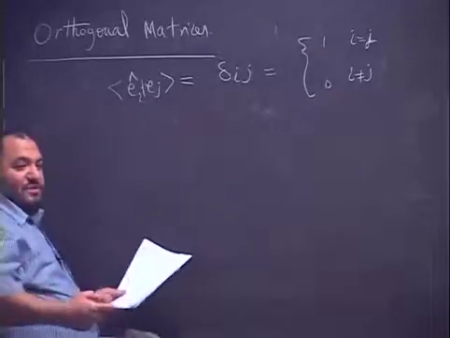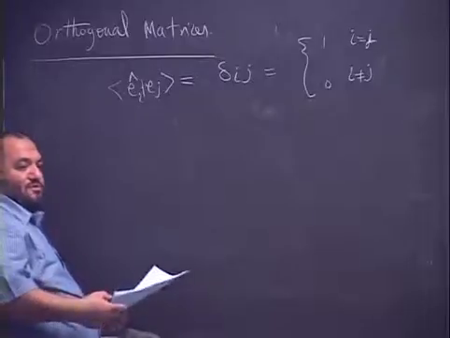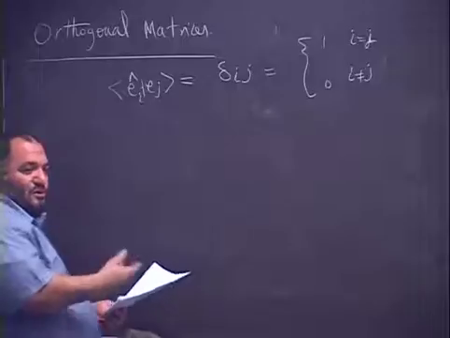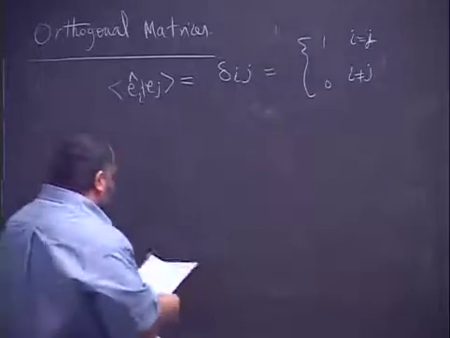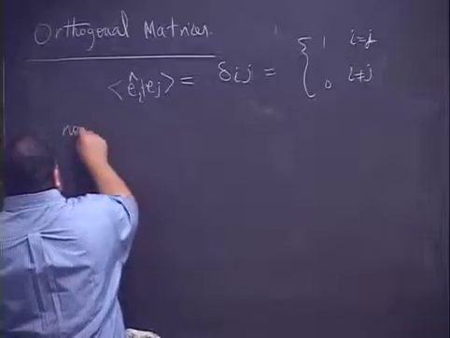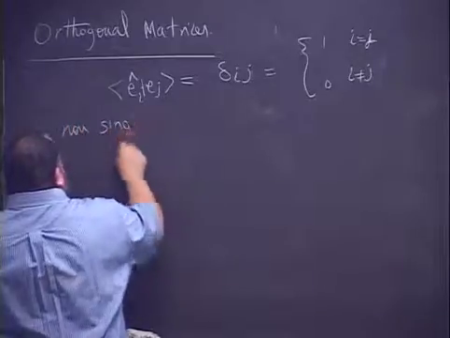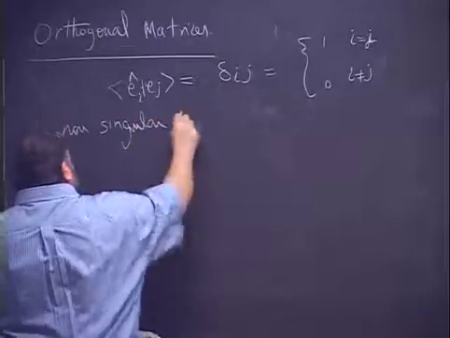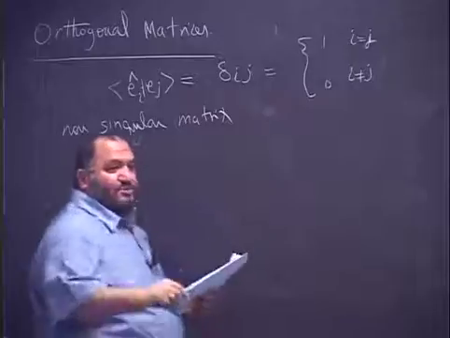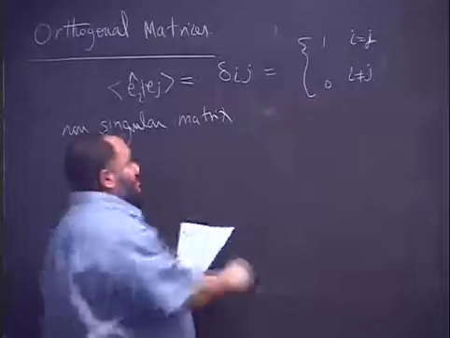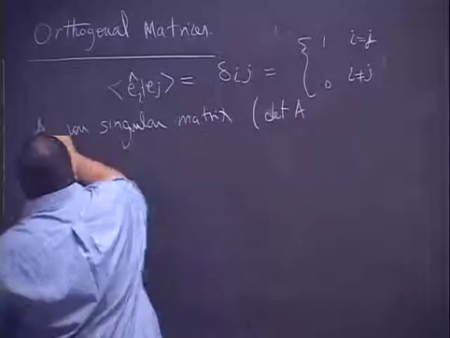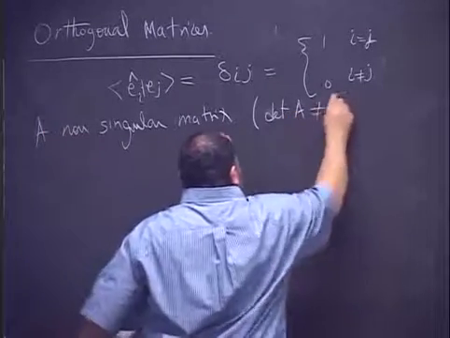Now, again, for linear vector spaces, the elements of the vector space can be matrices. So we'll try to define what we mean by an orthogonal matrix. If we have a non-singular matrix, what do we mean by non-singular? The one whose determinant is not equal to 0. So determinant of A is not equal to 0.